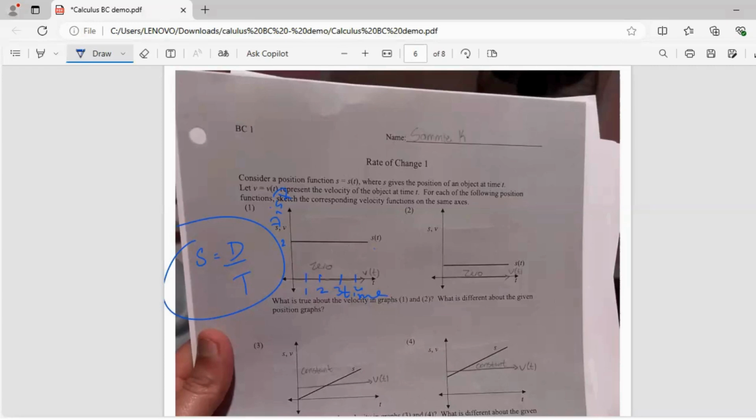What I was saying is, if your displacement, or S, is a constant, it means that you are standing in the same place. You're not moving about.